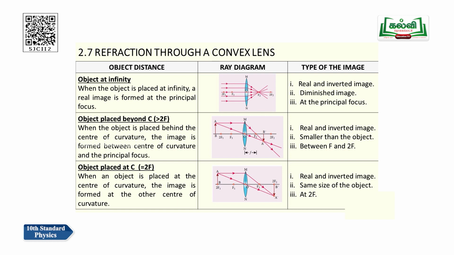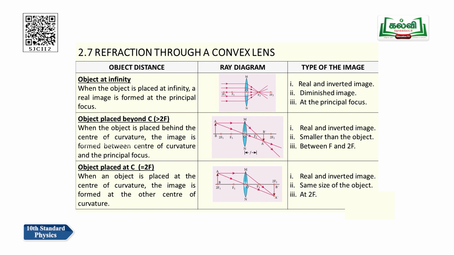The first ray, parallel to the principal axis, after refraction passes through the principal focus on the other side. The second ray, passing through the optic center, is not deviated. We get the image where the two rays intersect, and there we get the image A dash B dash.